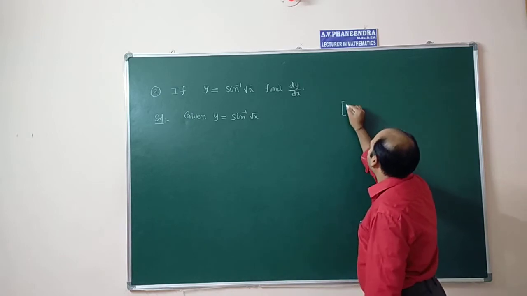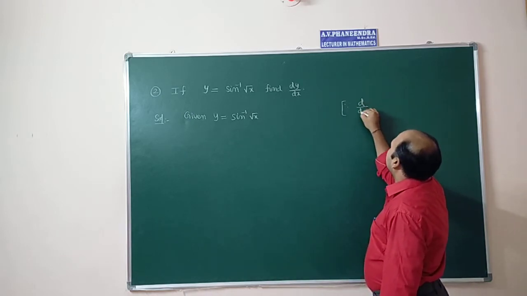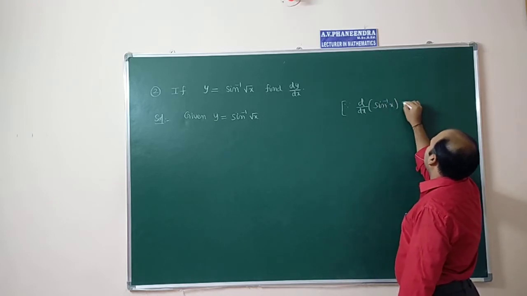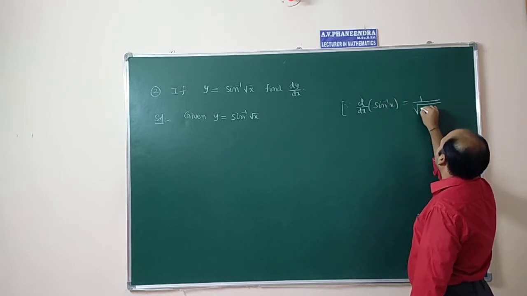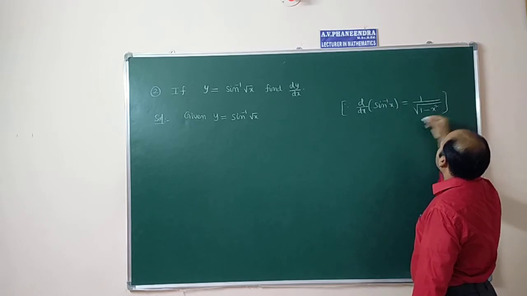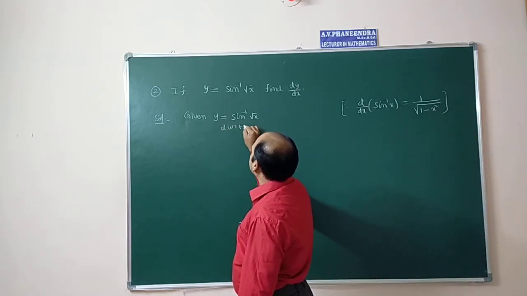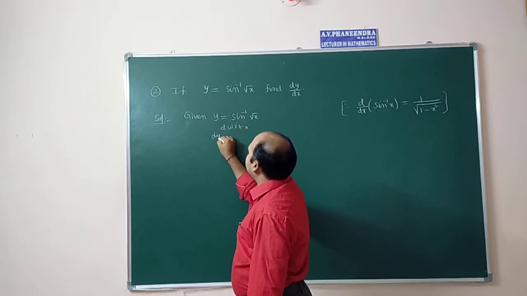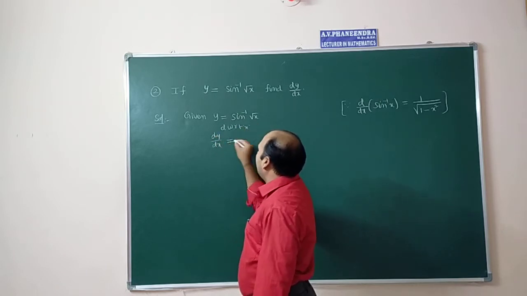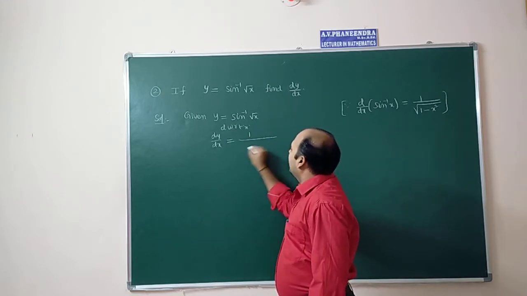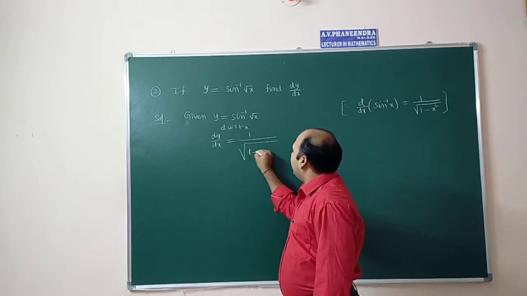First you have to know the formula for d by dx of sine inverse x, which is equal to 1 by square root of 1 minus x square. So here also differentiate with respect to x. Y derivative is dy by dx equal to sine inverse root x derivative, 1 by square root of 1 minus x square.